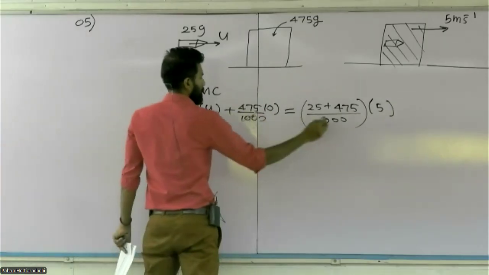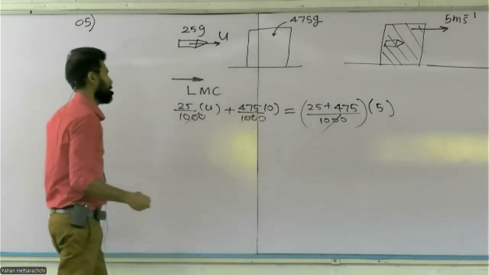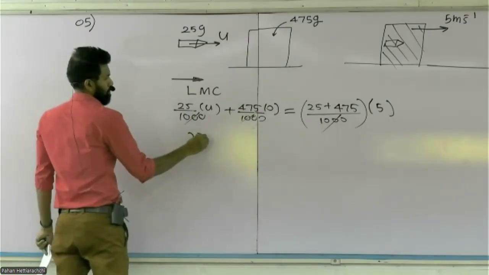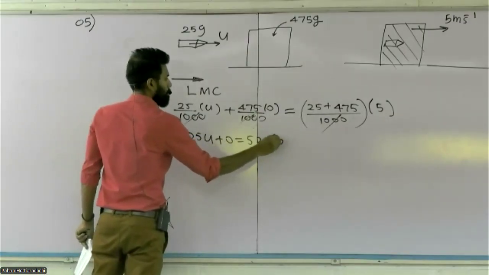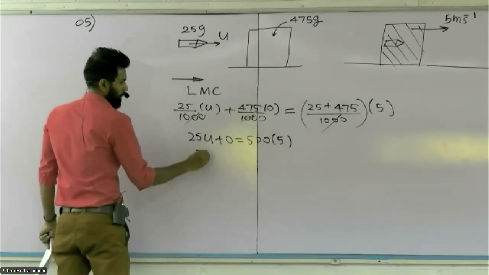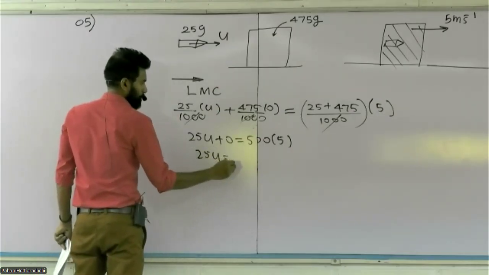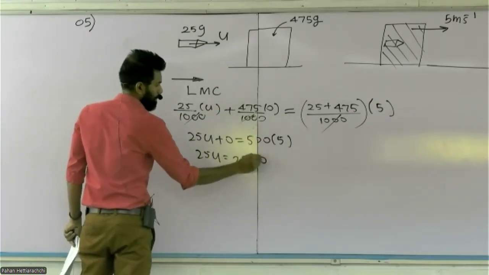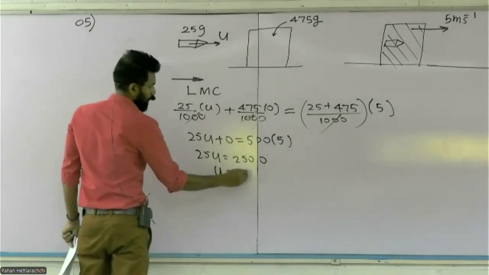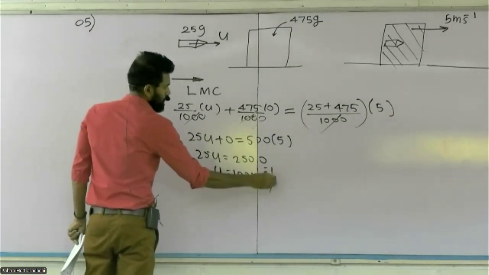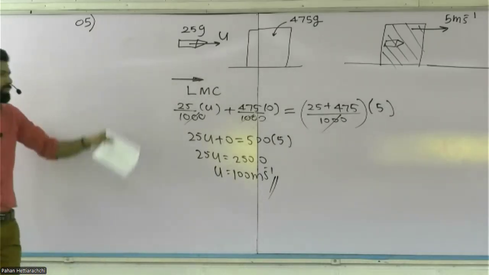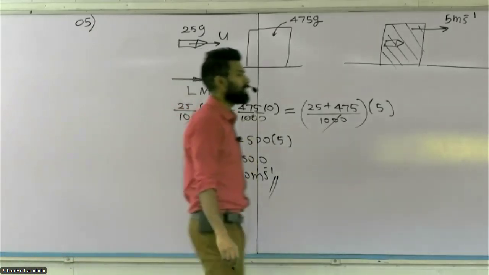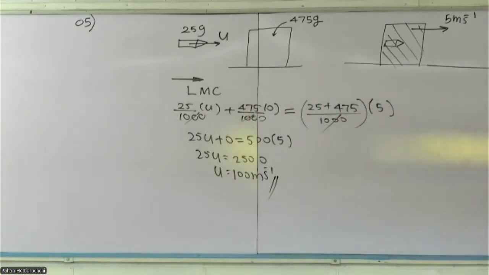The 1000 will cancel out. 25u plus 0 is equal to 500 into 5. 25u is equal to 2500. So the velocity u is equal to 100. From the conservation of linear momentum, we found that the bullet had an initial velocity of 100 meters per second.